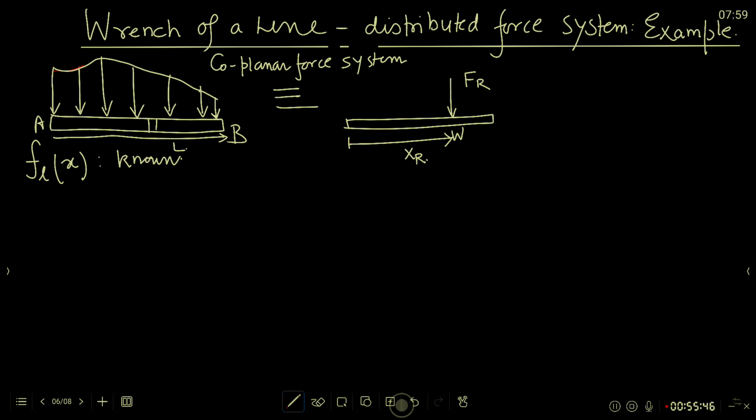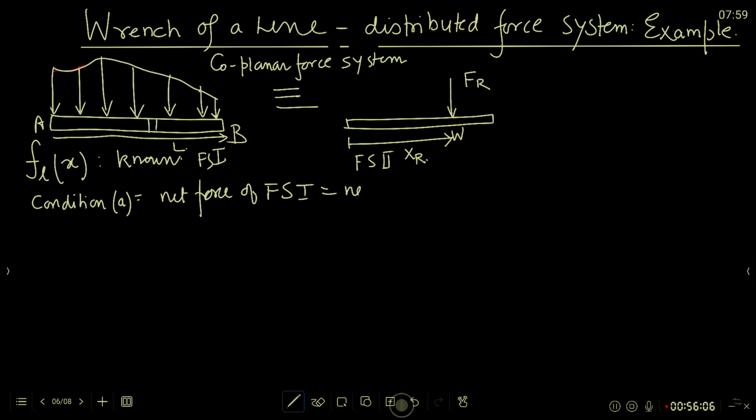So condition 1, condition A of equivalence, requires me to match the net forces. The net force of Fs1 should be equal to the net force of Fs2. In Fs2, the net force is of course Fr times minus J.